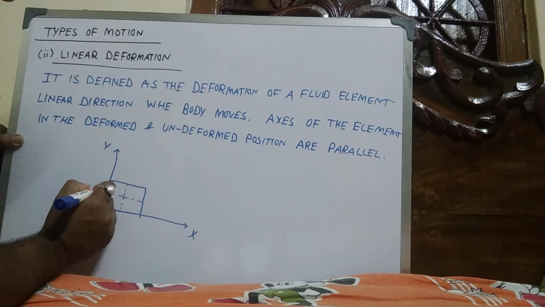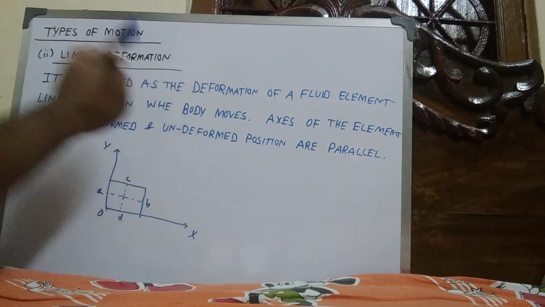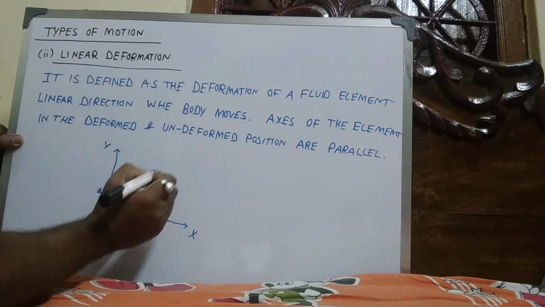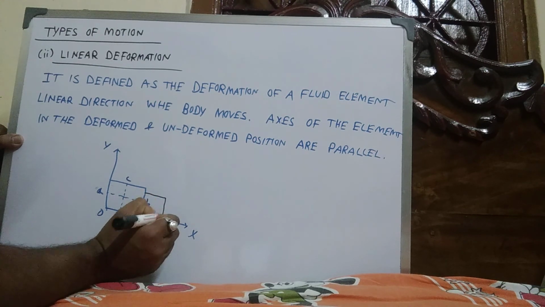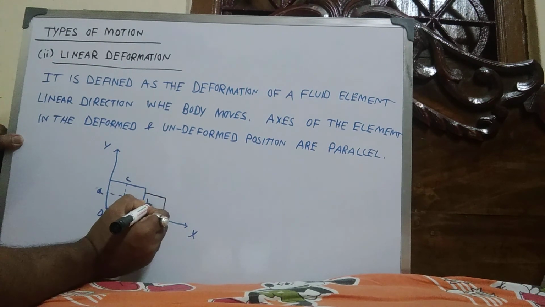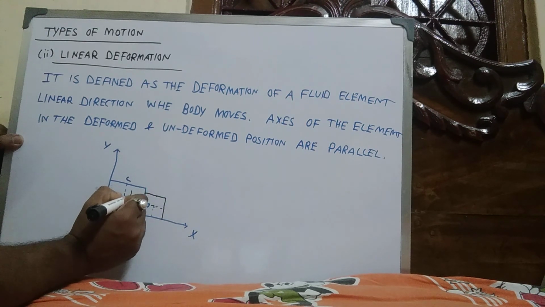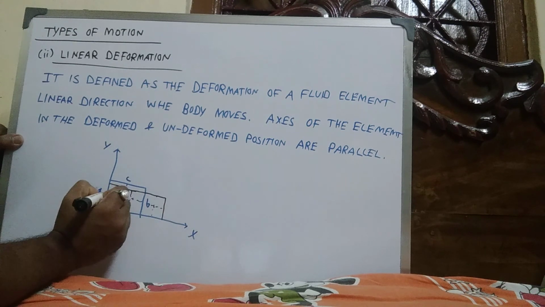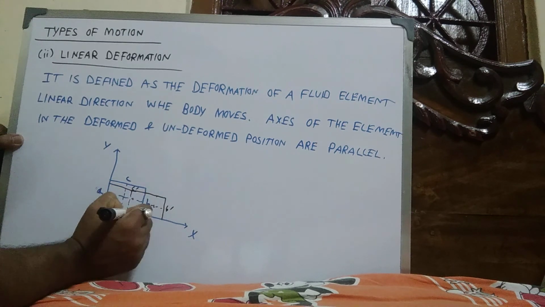This is suppose A, B, C, D, and when the body moves, suppose this is A dash, B dash, C dash, D dash.